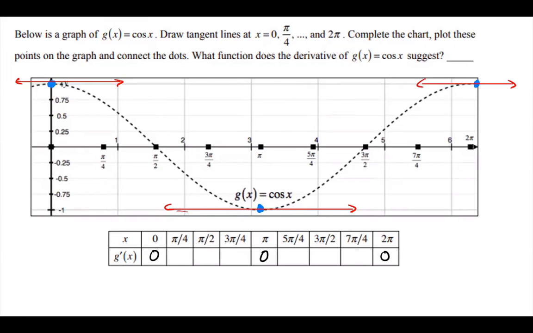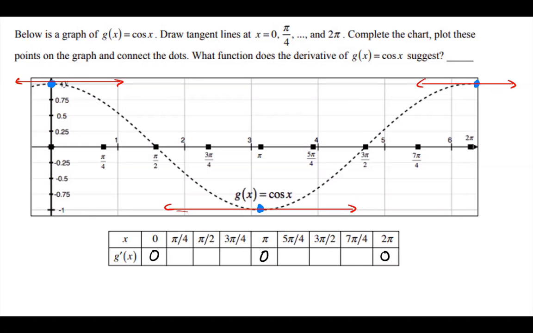Any +1 or -1s like we saw in the last one? Any derivatives that would be +1 or -1? Go ahead, Daniel. Pi over 2. Yeah, it looks like pi over 2.